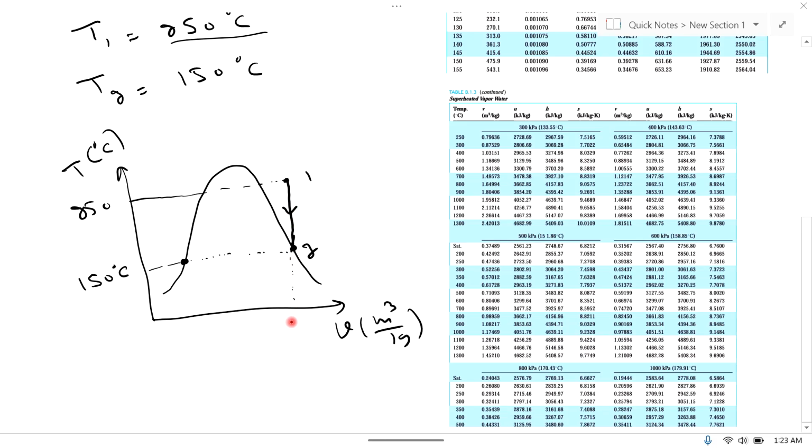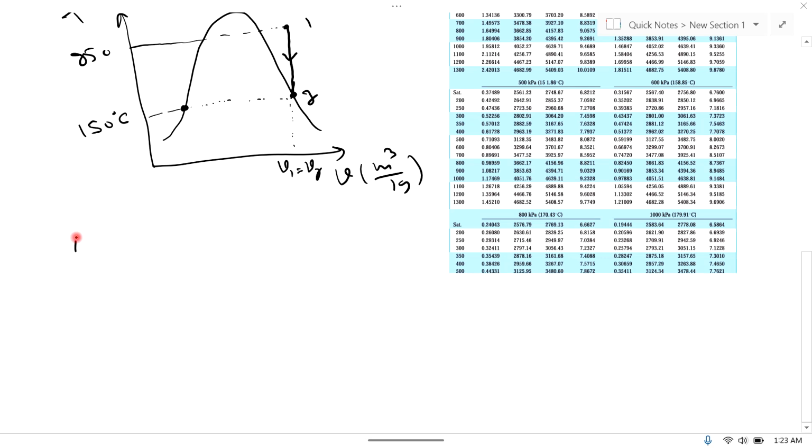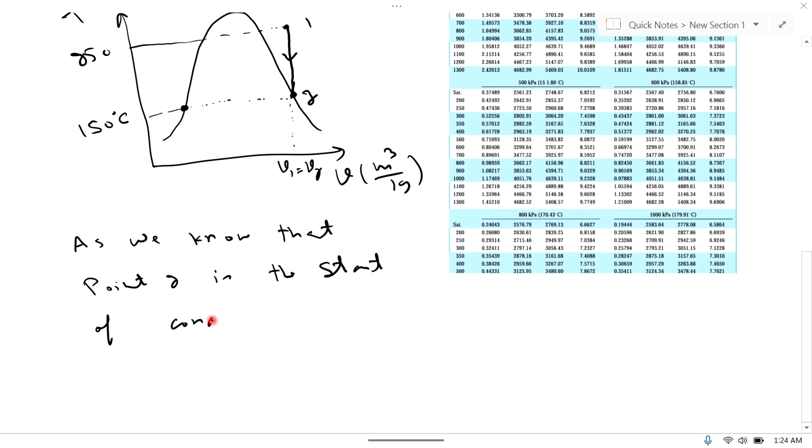Volume is constant. V1 is equal to V2. So point 2 is finally the start of condensation at temperature T2 equal to 150 degrees centigrade, and T1 is given to us as 250 degrees centigrade.